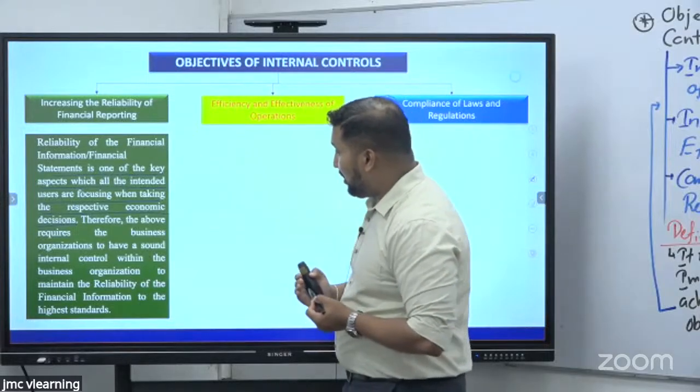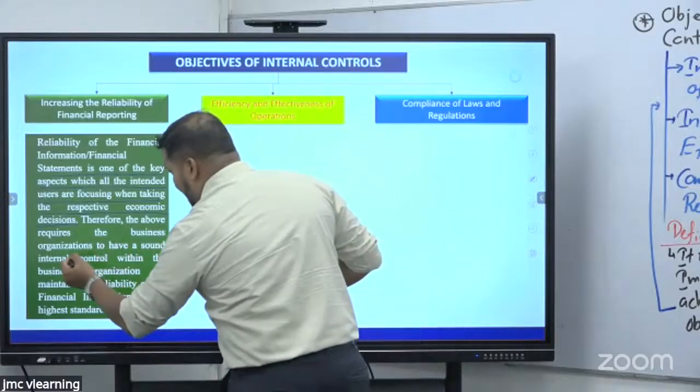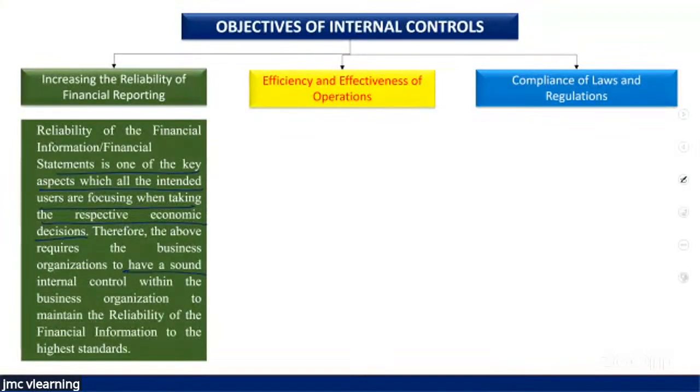Therefore, the above requires the business organization to have a sound internal control system which maintains a higher reliability of the financial information. So this is considered one of the main objectives of business organizations implementing internal control.